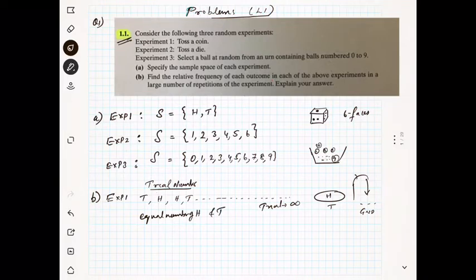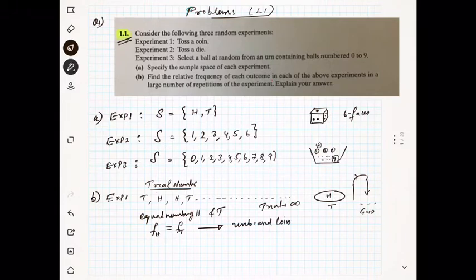So the relative frequency, that means the number of heads will be equal to the number of tails, and this is the case of an unbiased coin. Unbiased coin means you are not making any trick on the coin. If you are not biasing the coin, the chance of getting head is the same as the chance of getting tail.